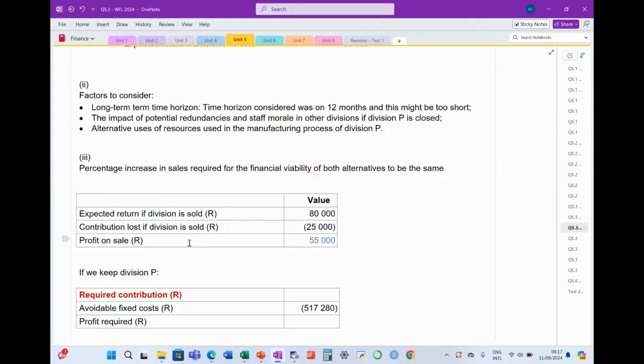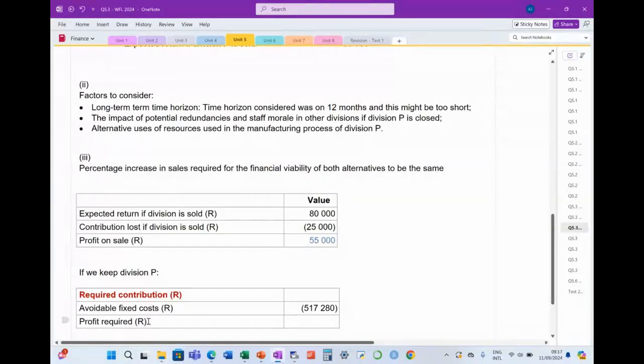So we're minusing that, and our profit on sale will be 55,000. We want the return of selling and keeping to be the same, so the profit required must be the same as the profit received. In other words, this 55,000 should be the same 55,000 that we get from keeping.